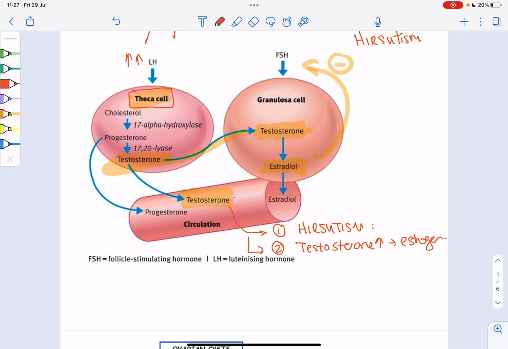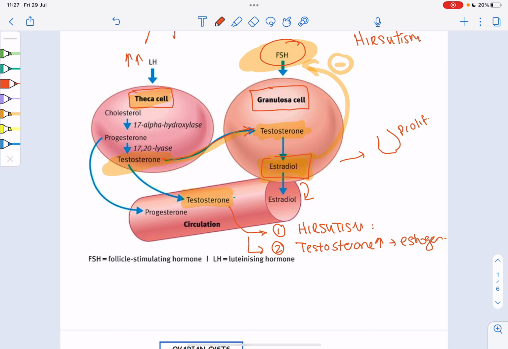So the other thing was that testosterone went to the granulosa cell where FSH was driving the conversion of that testosterone into estradiol, into estrogen. What does estradiol do? It goes into the blood. It goes to cause the proliferative phase of the uterus, proliferation of the uterus. The other thing estradiol and estrogen causes, it can deposit into the adipocytes, causing fatty deposition, leading to obesity.